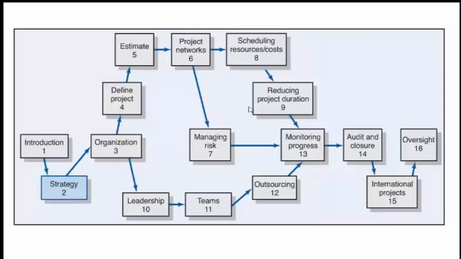Functional organization is, for example, if you have an 80% finance-based project, then you will be allocating mostly people from finance, people who have knowledge of finance, or from your finance department. So they would be working part-time; they will be doing their operational work, also they will be doing your project work.